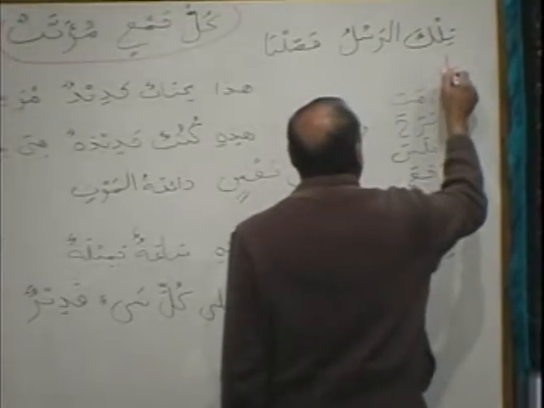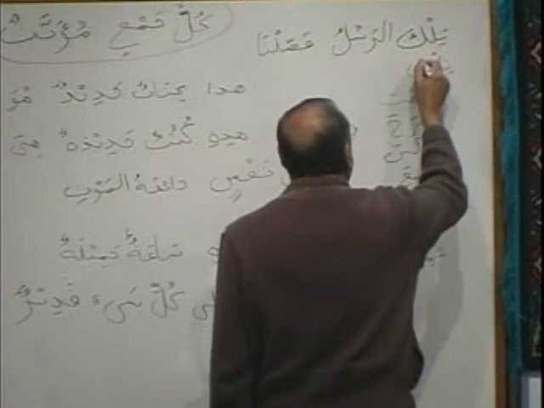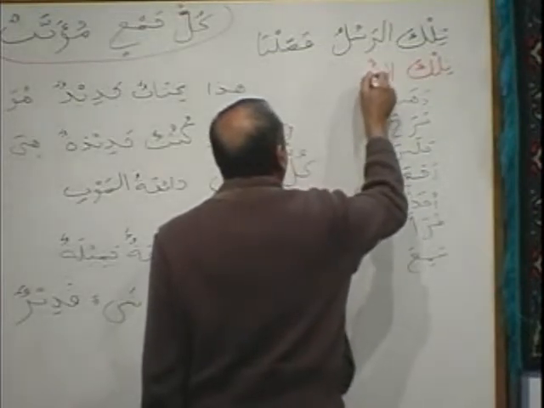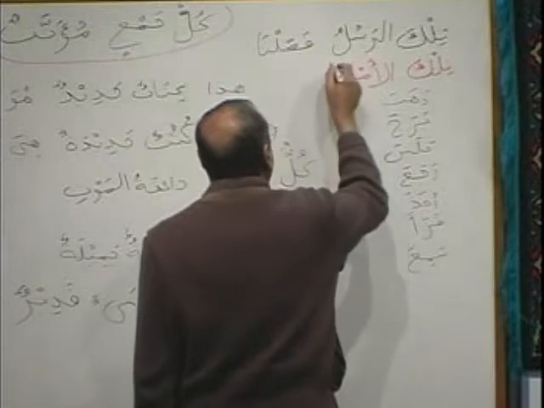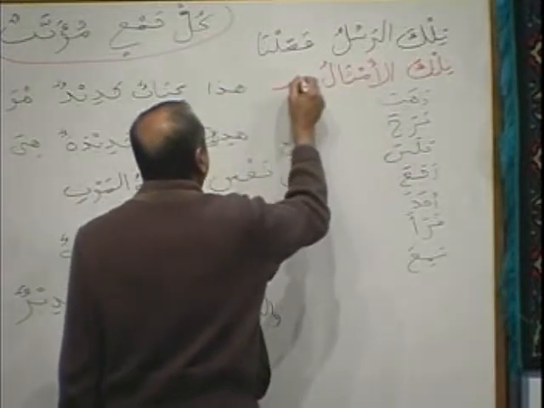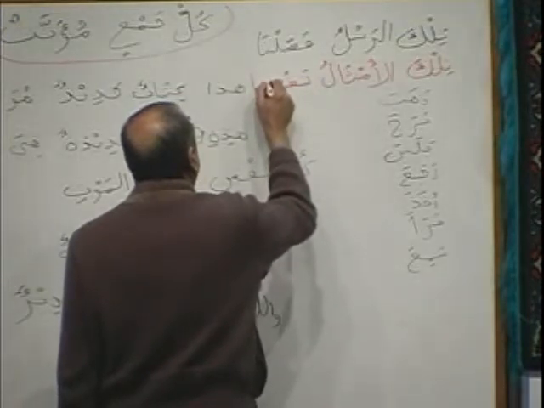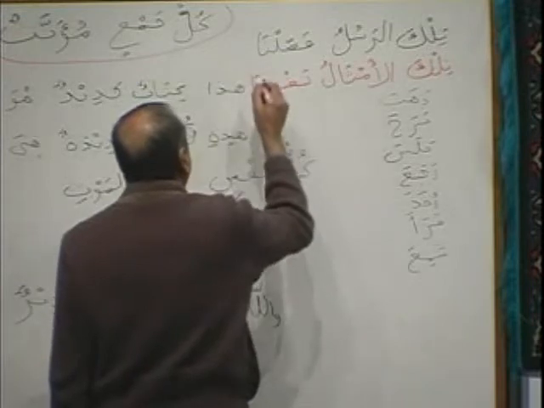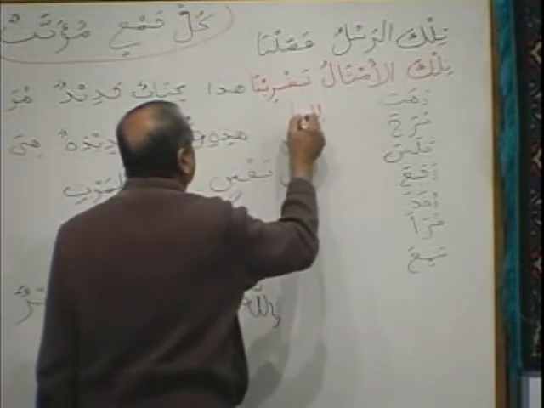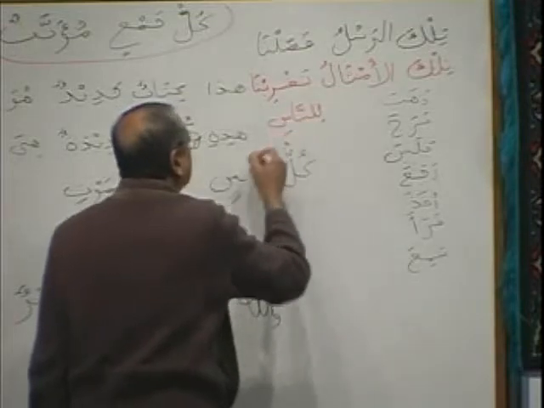Remember, you should not forget that. Are you with me, brothers and sisters? This is a very famous ayah and we are going to do it, inshallah. Remember that ayah?